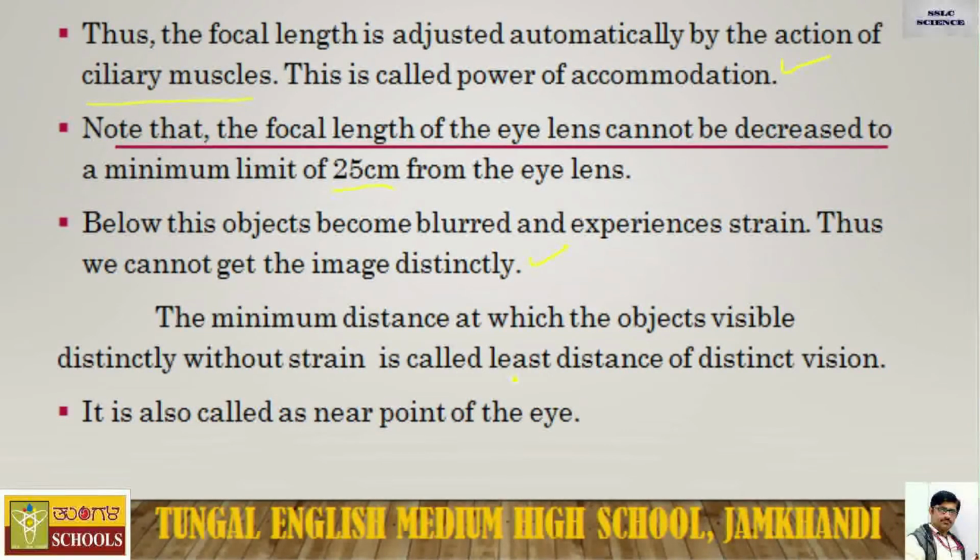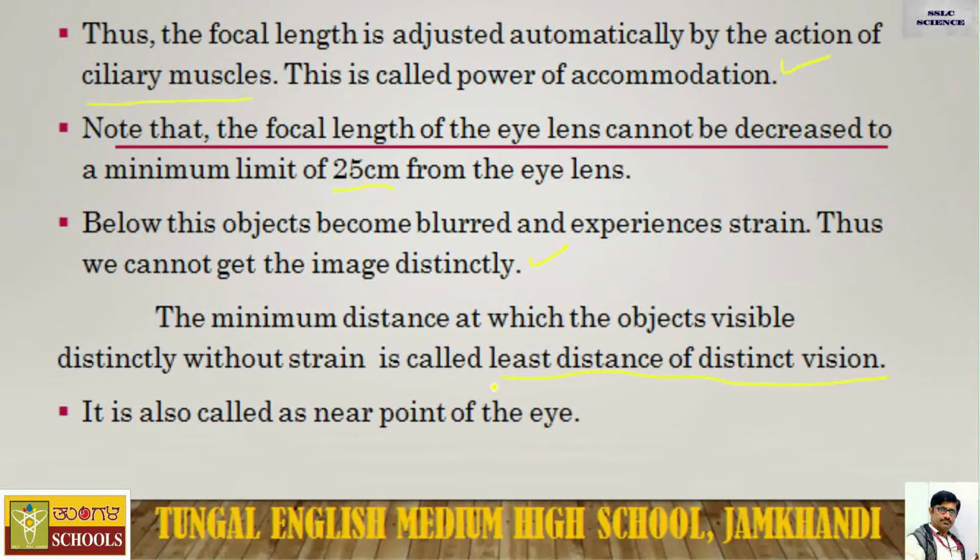So this minimum distance to get distinct vision without any strain is known as the least distance of distinct vision. Okay, so we have a minimum: the eye lens has a minimum limit of 25 centimeter, below which it cannot decrease.